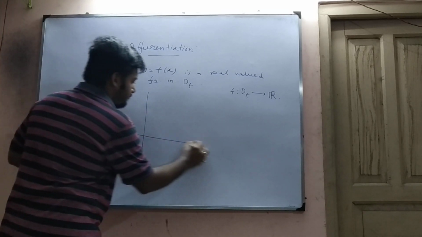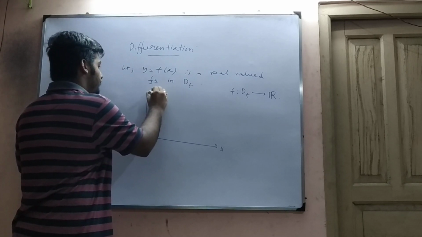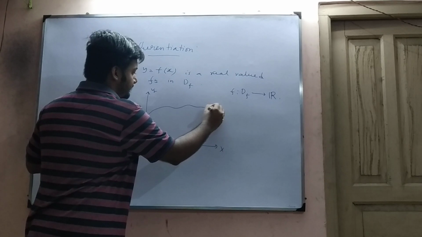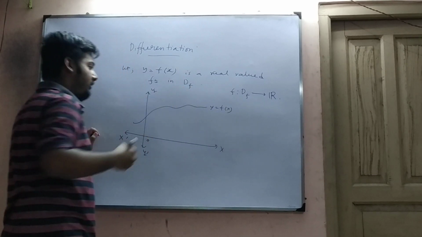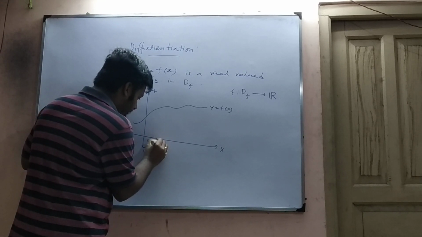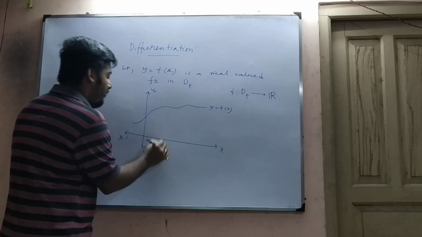Now you have a real valued function y is equal to f(x). Here, at first, taking a point x, that is nothing but (x, 0).